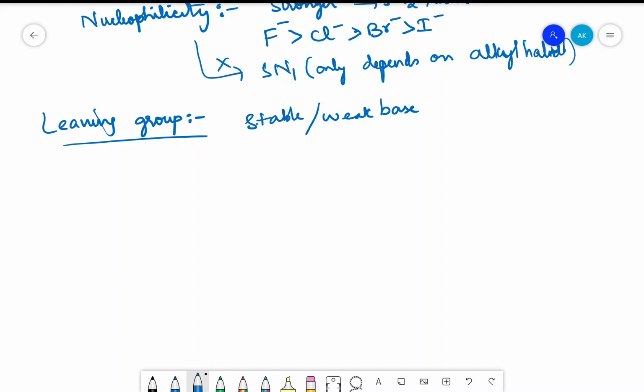The nature of the leaving group is important to both SN1 and SN2 reaction. The better the leaving group, the faster the reaction. So if the leaving group is better or stable, better is the reaction.